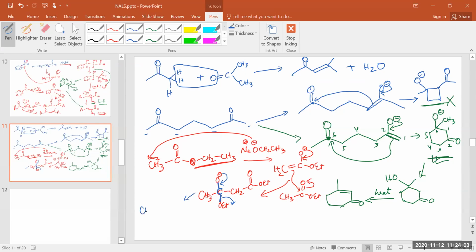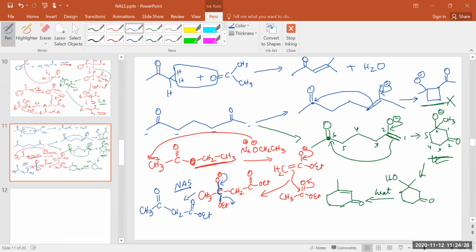Okay, so what will be the product? The product will be CH3COCH2COOEt. Okay, nucleophilic acyl substitution, chapter 22, 21. So this will be the product.